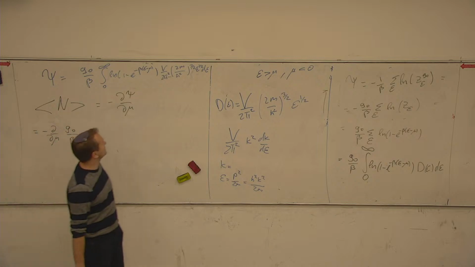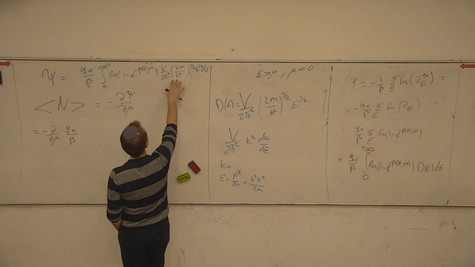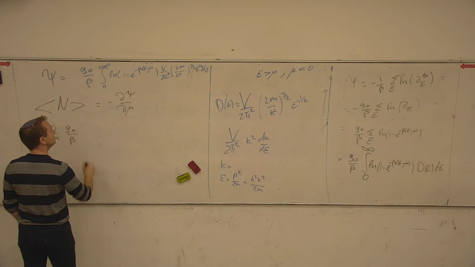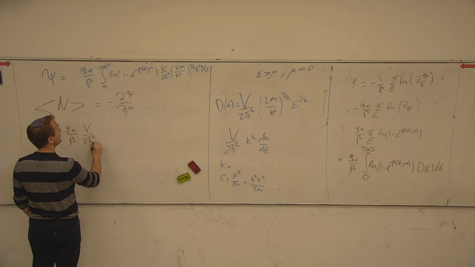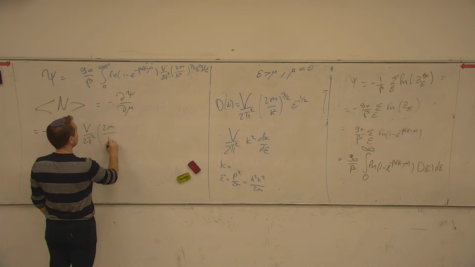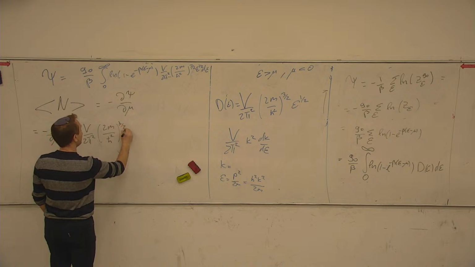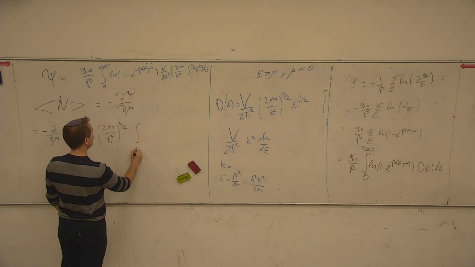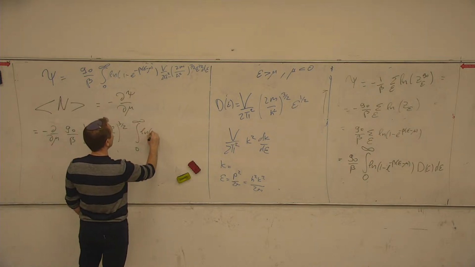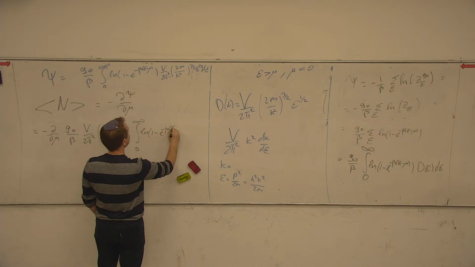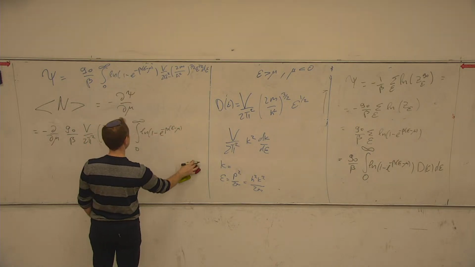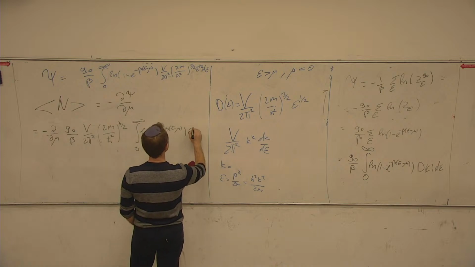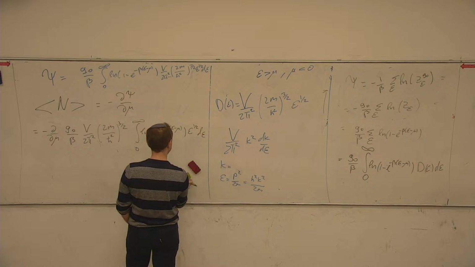Let's take everything that is not dependent on mu or epsilon out of the integral, which is V divided by 2 pi squared, 2m divided by h bar to the 3/2. And here we have an integral from 0 to infinity, log of 1 minus e to the power minus beta (epsilon minus mu), epsilon to the 1/2 d epsilon.